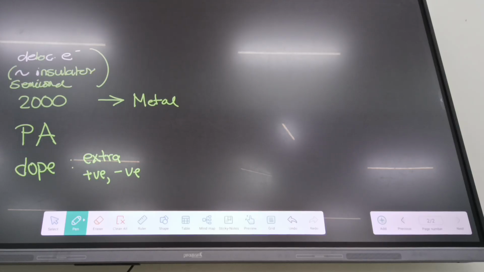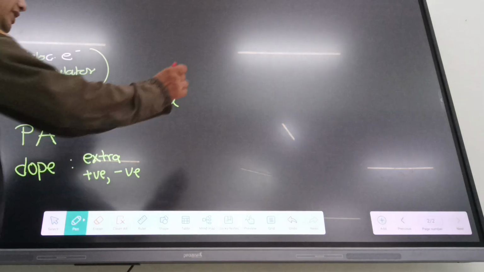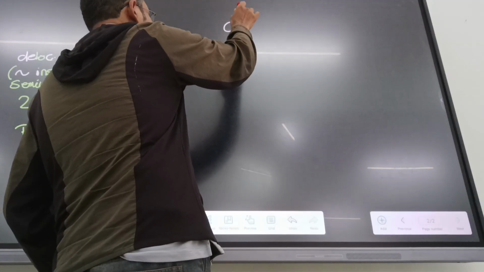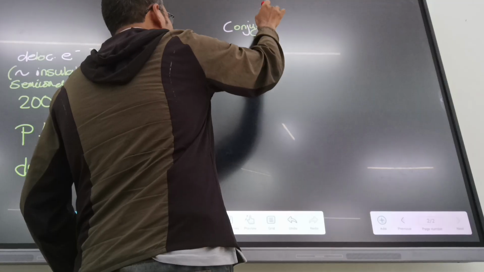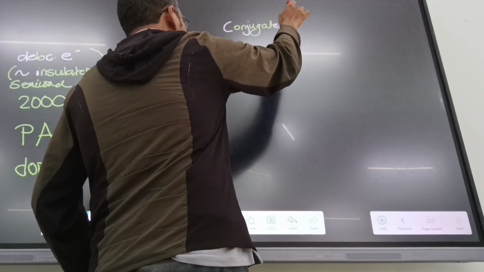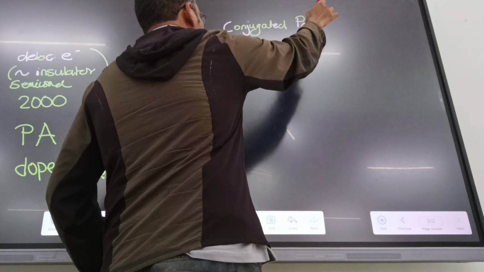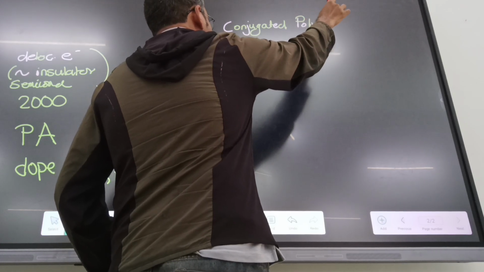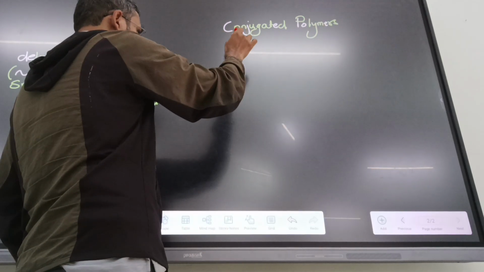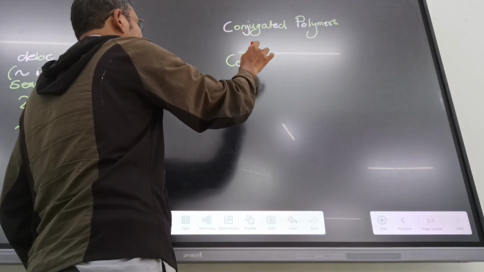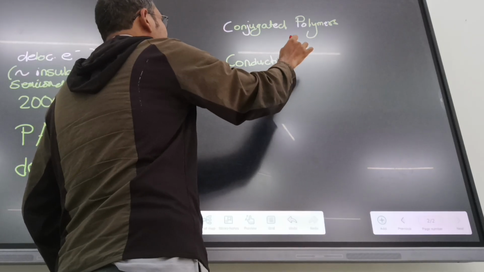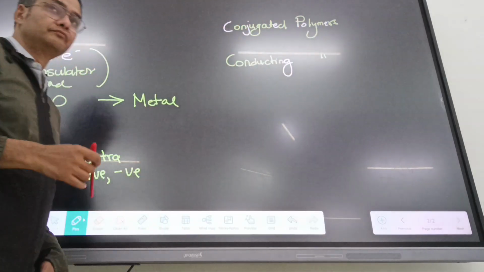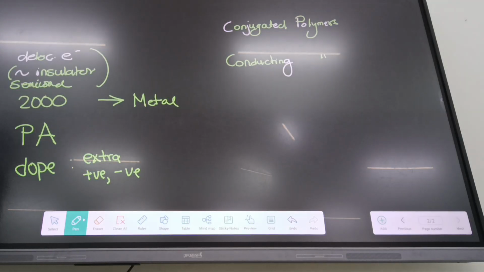This has been seen in some special polymers, conjugated polymers and conducting polymers. Conjugated polymers act as conducting polymers. Conjugate means alternate double and single bonds.